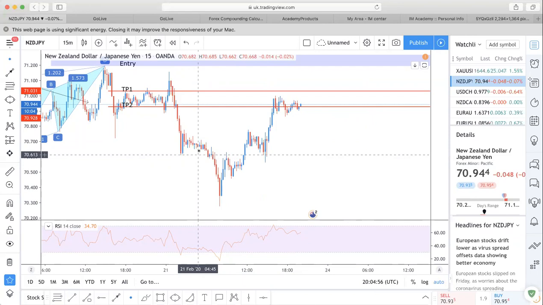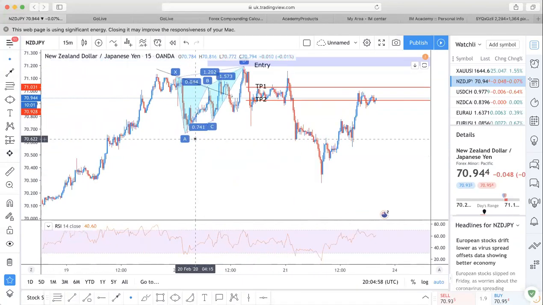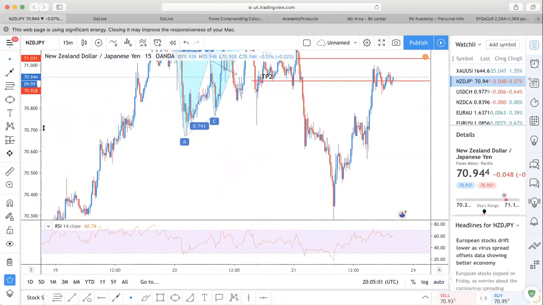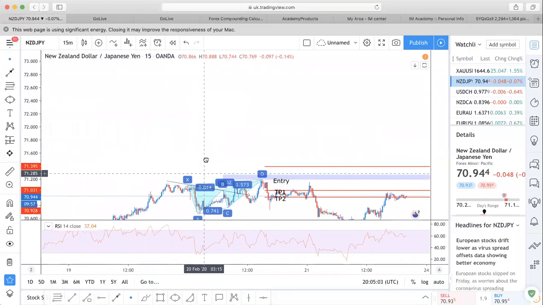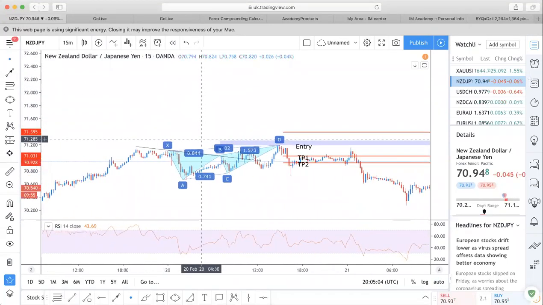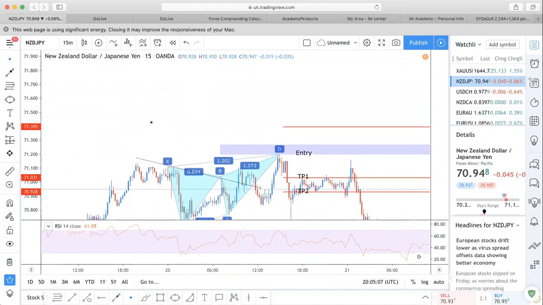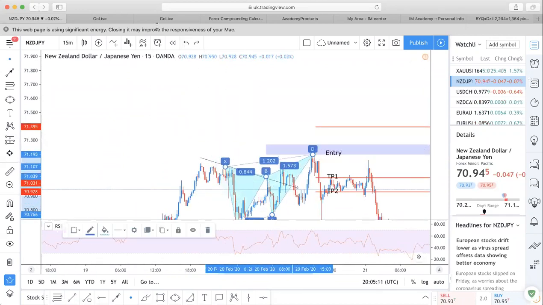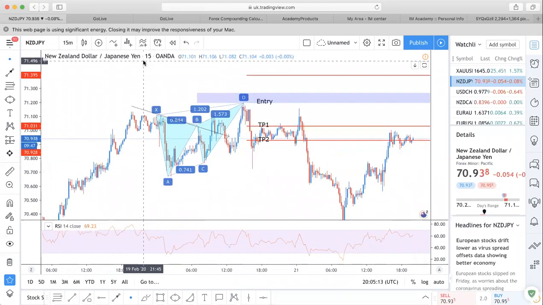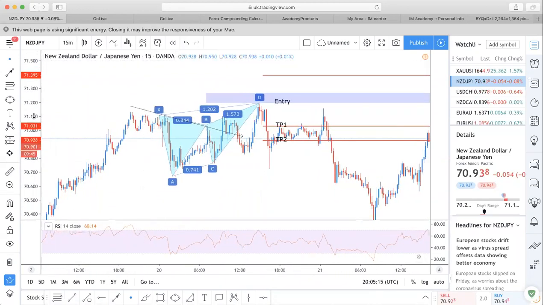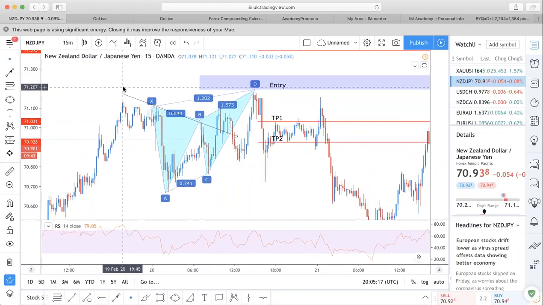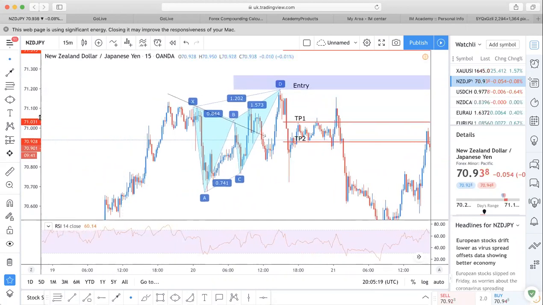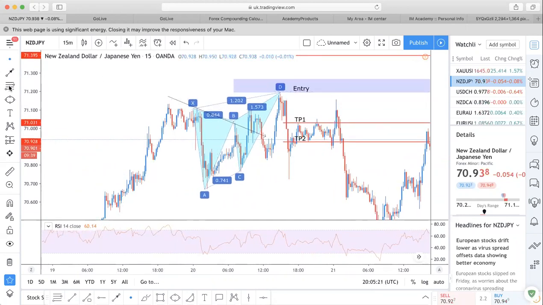All right, let me answer your question on the stop loss bit. So assuming I take this trade, this is where my stop loss is going to be. Let's make it a little bit bigger. This is a different pattern.